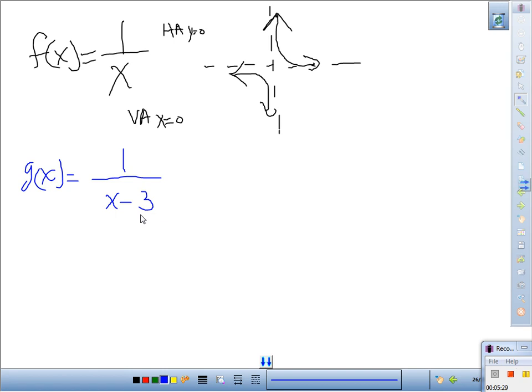Very good. It moves the whole thing 3 steps to the right. So instead of being here, the asymptotes and the graph, it goes how many steps to the right? 1, 2, 3. So my new asymptote is here and here, and my graph moved to this spot.